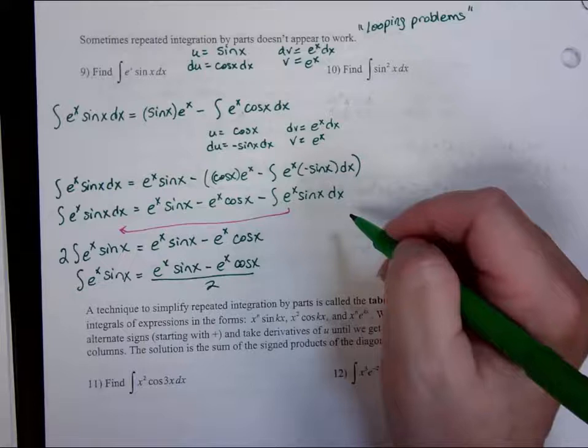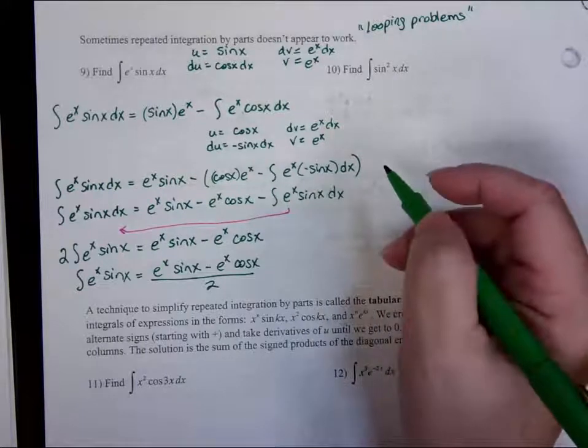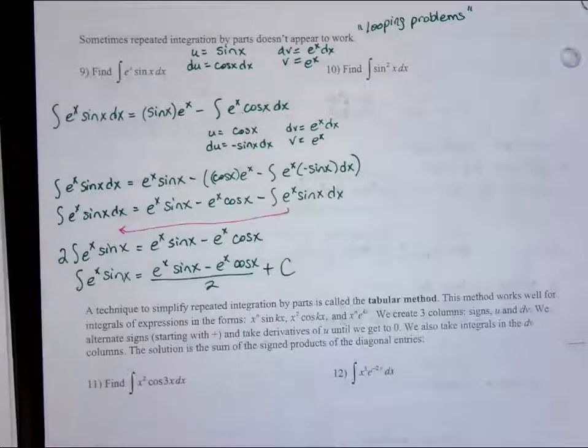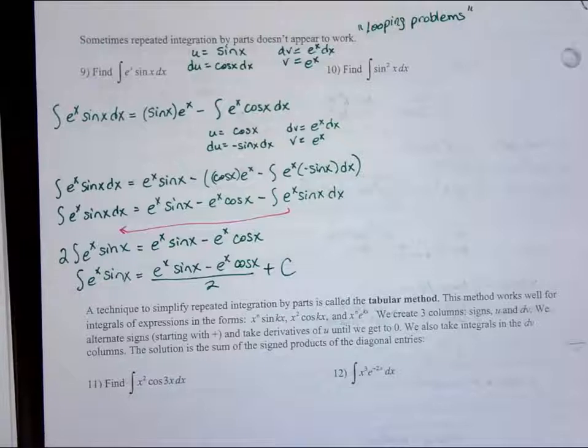But I forgot something: plus C. Is it over? Did I solve for the integral that I was looking for? Yes. That's when I know I'm done, because that integral is by itself and there are no other integrals in the problem. Like I said, this is rather obscure, but you needed to be exposed to it.